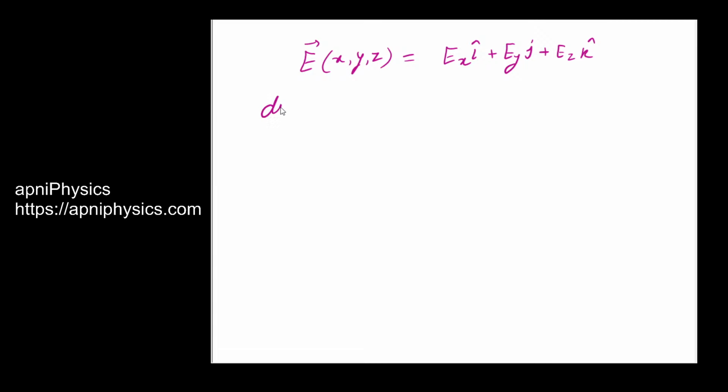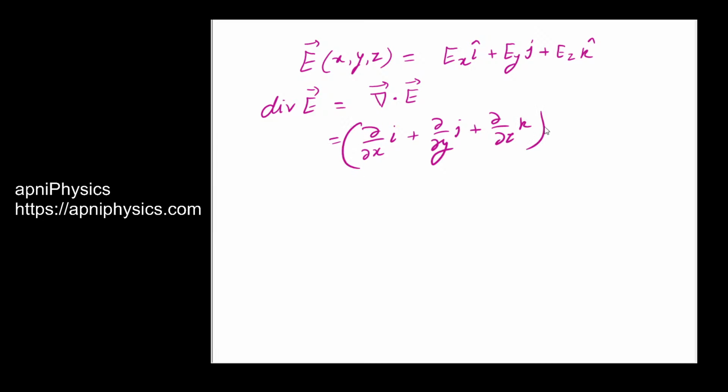So when you are saying divergence of E, it means you are writing the del operator dot E. Right, the mathematical notation of this can be written like this one. So del operator: del upon del x i plus del upon del y j plus del upon del z k.